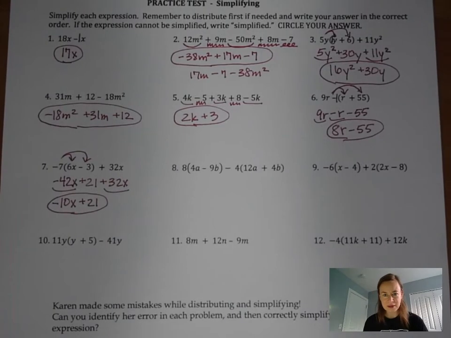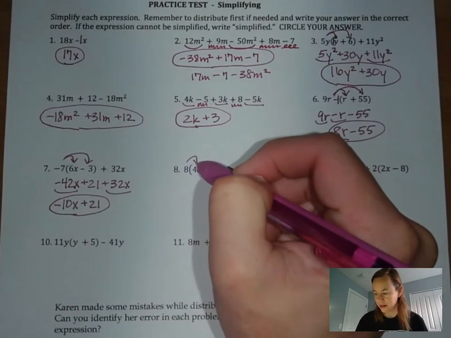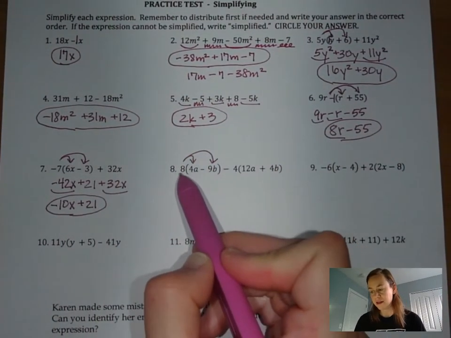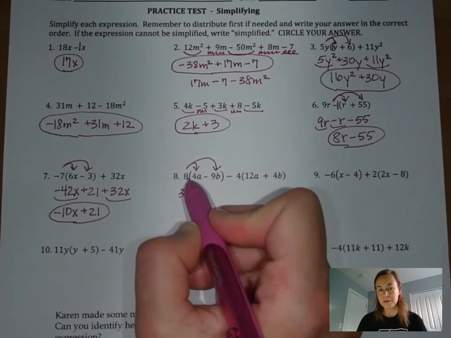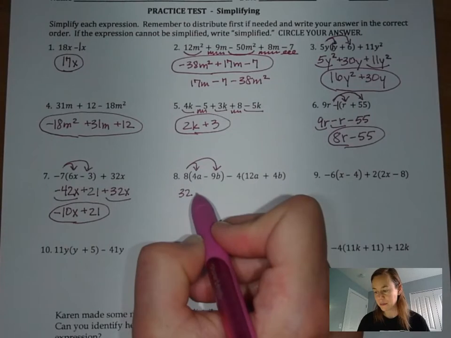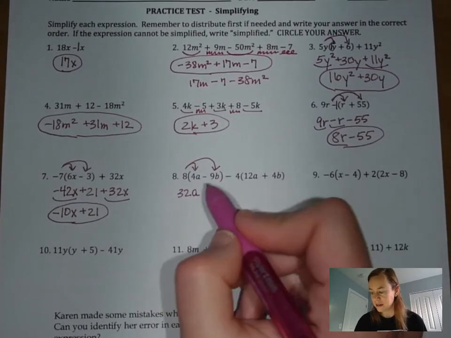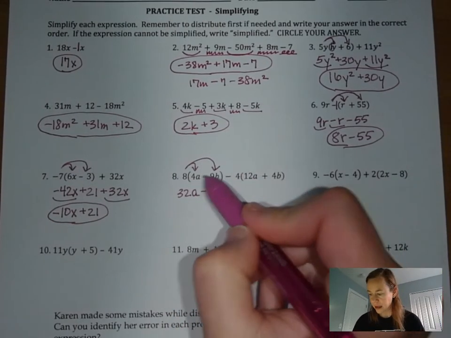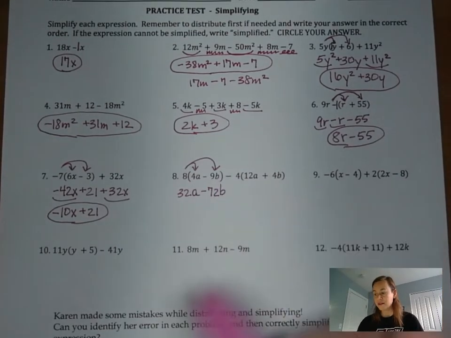Okie dokie, going on to number 8. Looks like we got more distributing, so let's draw our arrows. So 8 times 4a, okay, 8 times 4 is 32. Looks like there's no variable here to multiply, so we're just going to keep that a there. Now 8 times -9 is -72. And again, no variable there, so we're just going to keep the b that the 9 had.